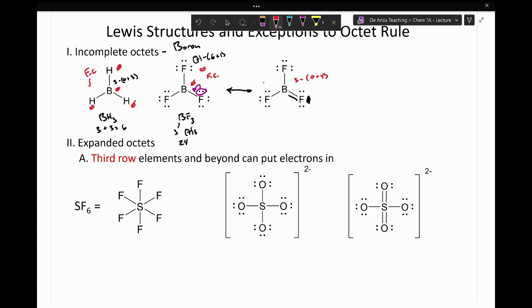So now this boron has a formal charge of -1, and this fluorine, which typically likes to have 7 electrons, has 4 electrons in lone pairs plus 2 bonds, so it has a +1.